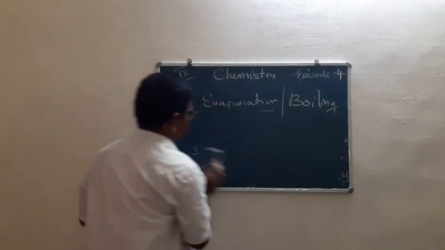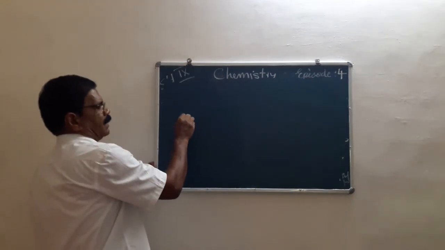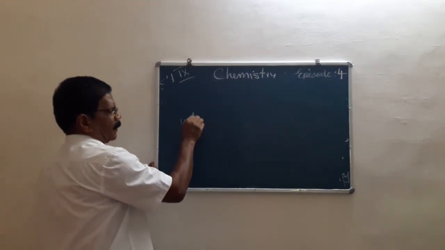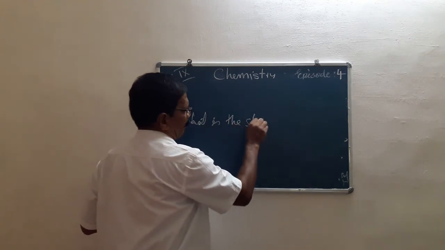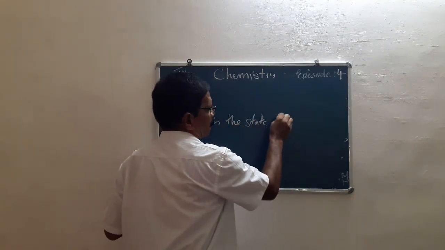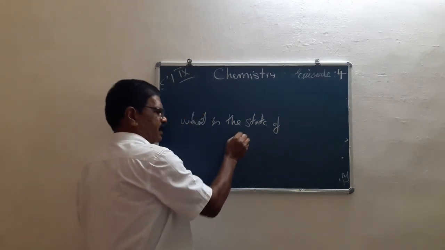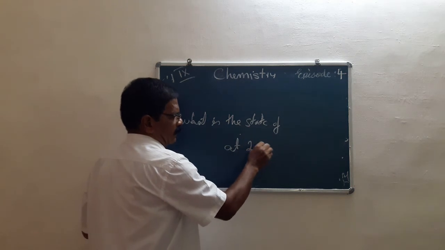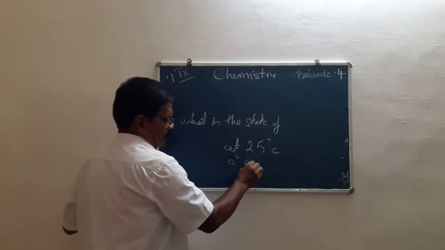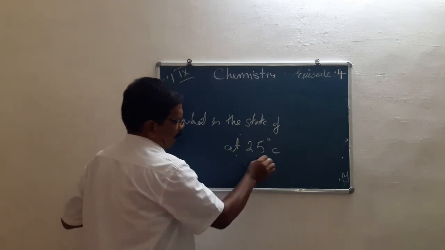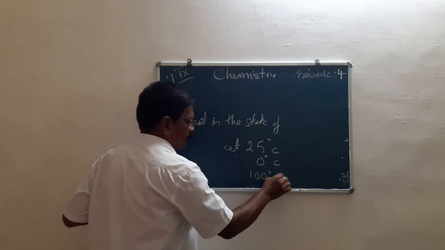My question is this: what is the state at 25 degrees centigrade, 0 degrees centigrade, and 100 degrees centigrade?